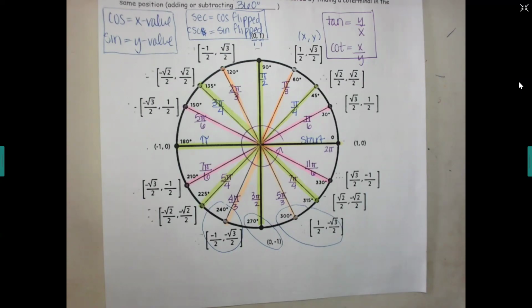It would be the X value and then you would flip the number. So like, where is 5π fourths? Your X is negative √2/2. So when you flip it, it would go to negative 2/√2, but then you can't type it in like that because of the square root on the bottom.